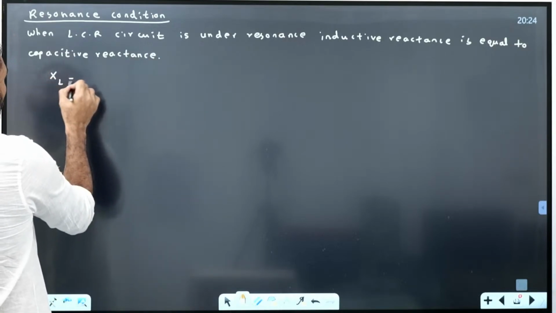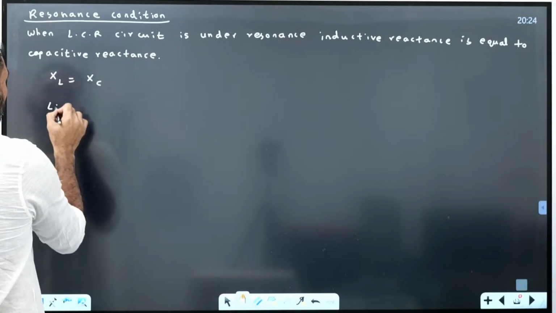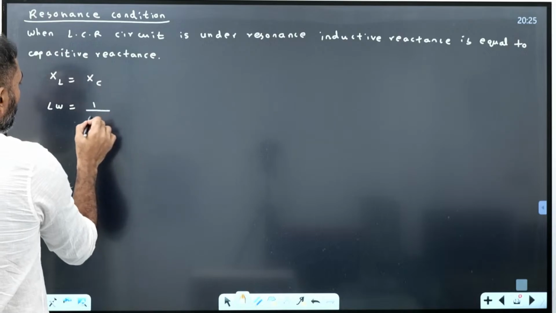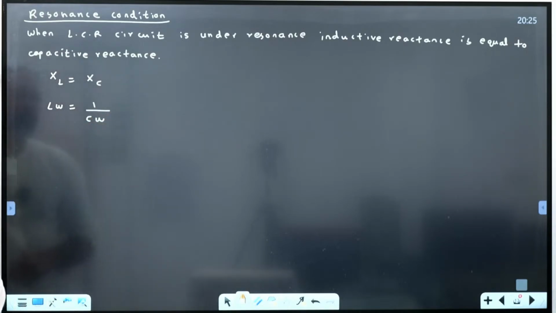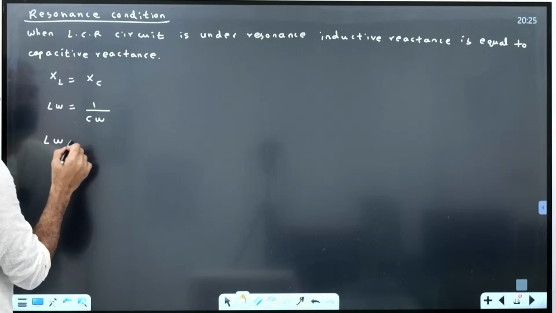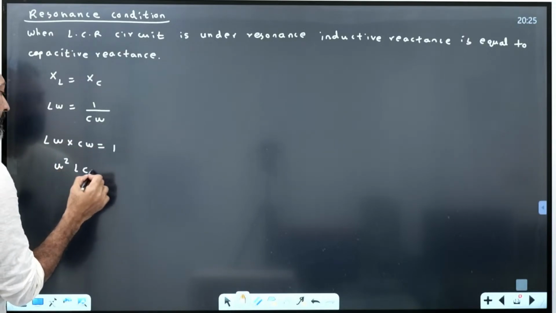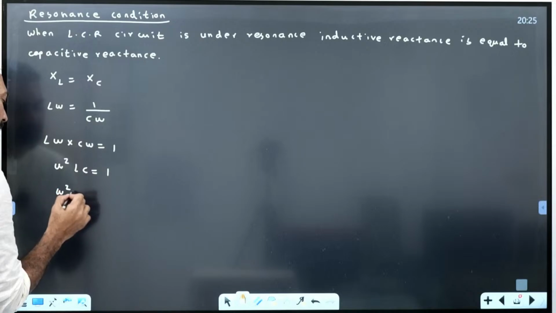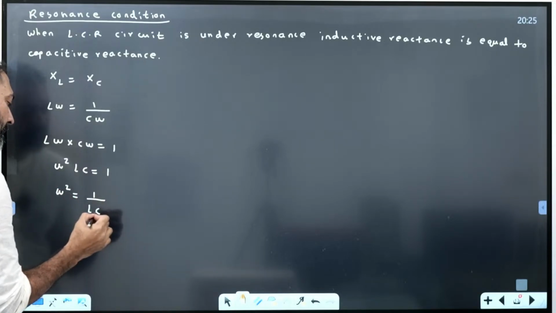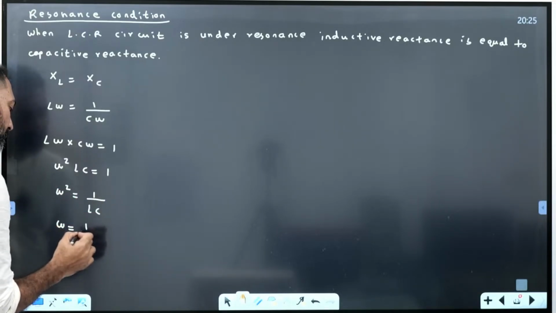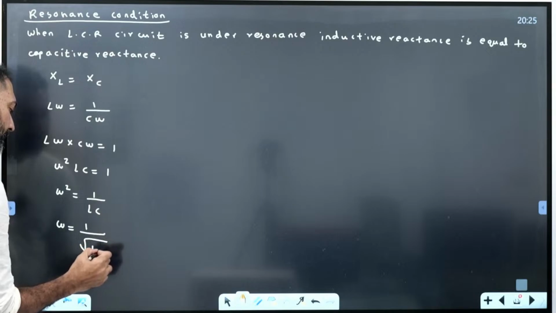XL equal to XC. What is XL? L omega. What is XC? 1 by C omega. That is L omega into C omega is equal to 1, that is omega square LC is equal to 1. So omega square equals 1 by LC. So omega is equal to 1 by root LC.